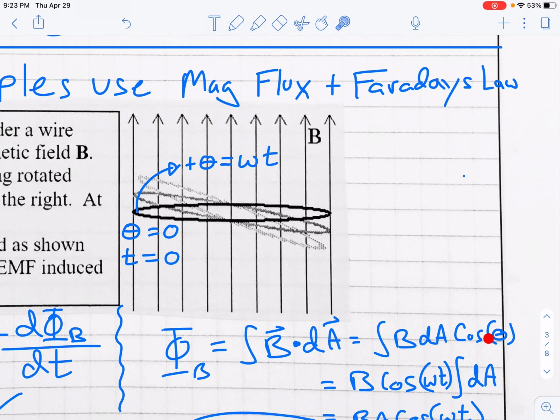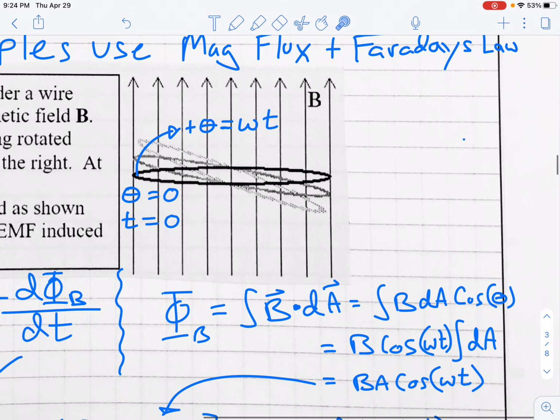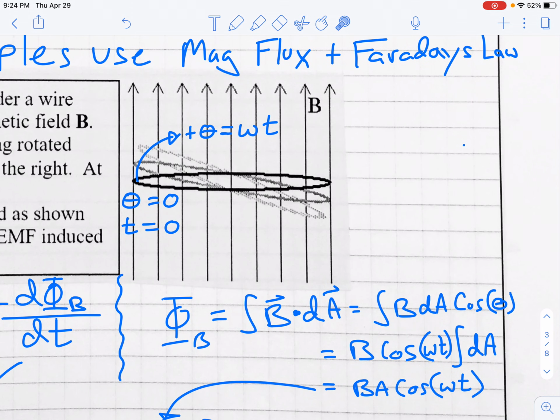Cosine of theta is not constant, it changes with time, but at any given moment in time, the magnetic field is at the same angle to the loop. At any moment in time, the magnetic field is always at the same angle. So at time 0, the magnetic field is always perpendicular to the loop. At some later time, the magnetic field might always be at 30 degrees. So that can come out. And then the integral of dA is just going to be the area of the loop.